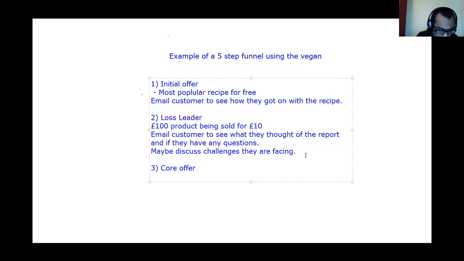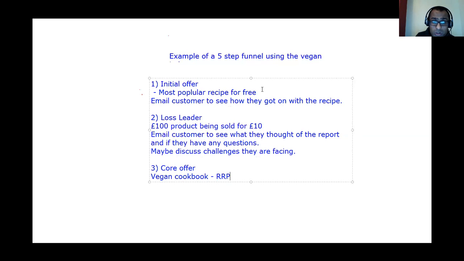So you sell your vegan cookbook at whatever your recommended retail price is. There is no discount being offered there, and by this point you should be making a profit from this customer.